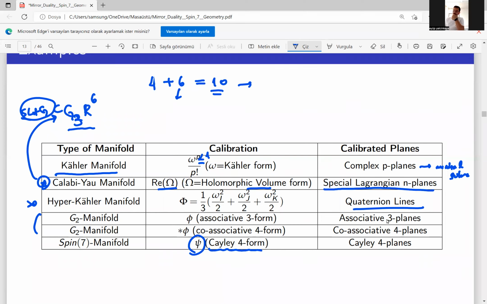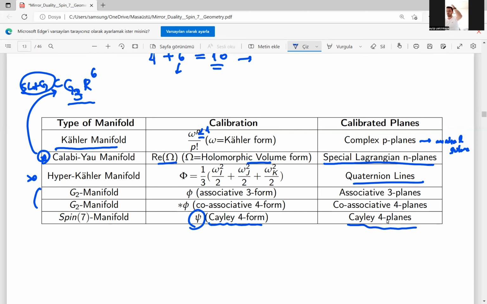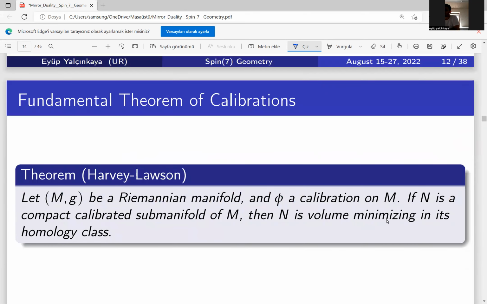It's the Cayley 4-form. So Harvey and Lawson's papers showed that the Cayley 4-form gives minimal submanifolds. Okay? This is the non-trivial example for this new direction here. So the fundamental theorem of calibration is not so complicated.